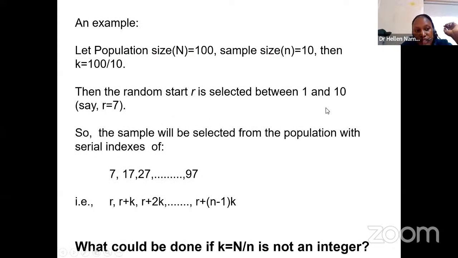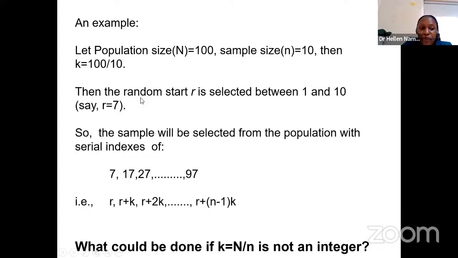Okay. Now let's take an example. Assuming that you've got a population N that has 100 observations, and you want a sample size equal to 10. So your systematic sampling interval K will be capital N over small n, which is 100 over 10, and this is going to give you 10.